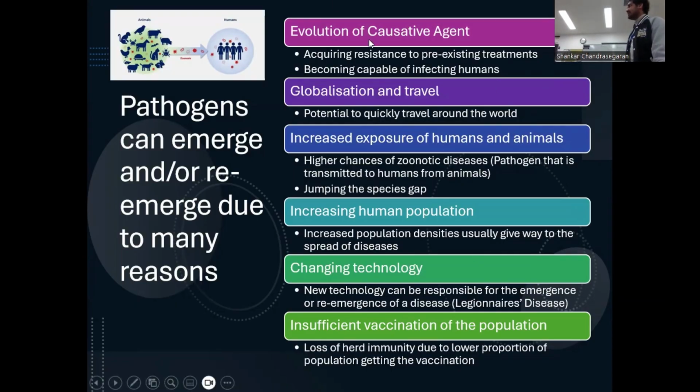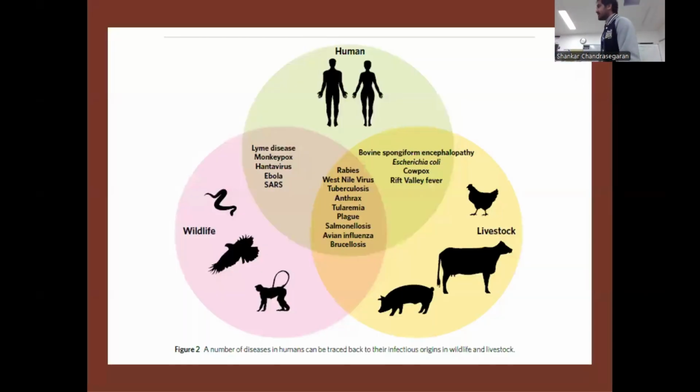Any questions about any of these factors, right? All of these are potentially leading to the re-emergence or emergence of many pathogens. So you guys can always use this as examples in your questions. So this is what I mean when I say that they are going to be primarily within the populations of animals, either as wildlife or as livestock.